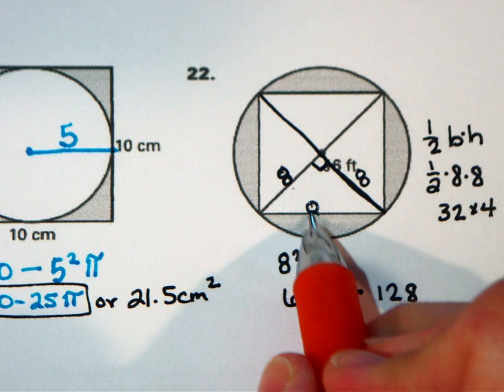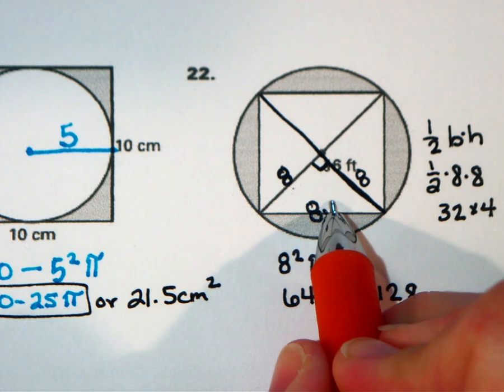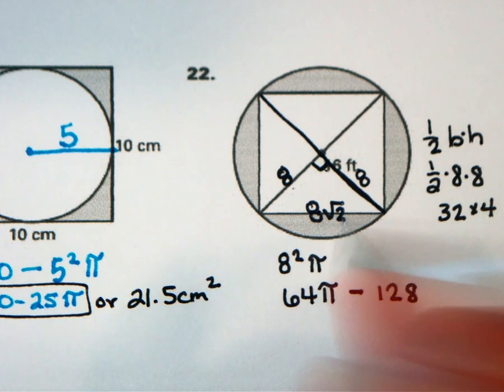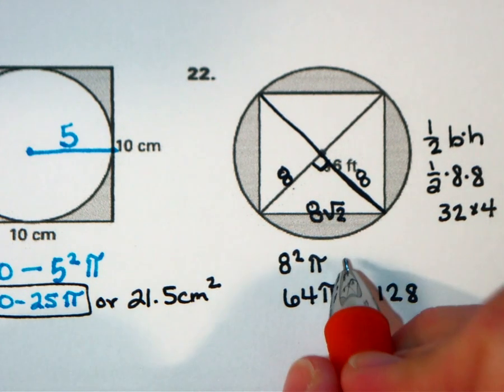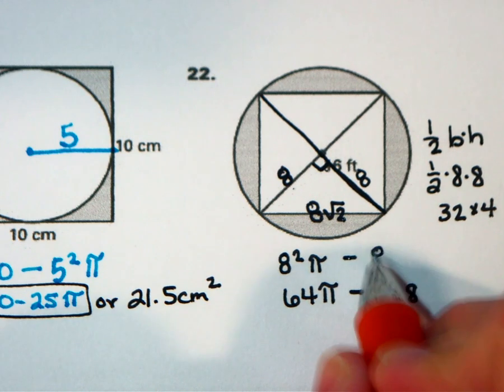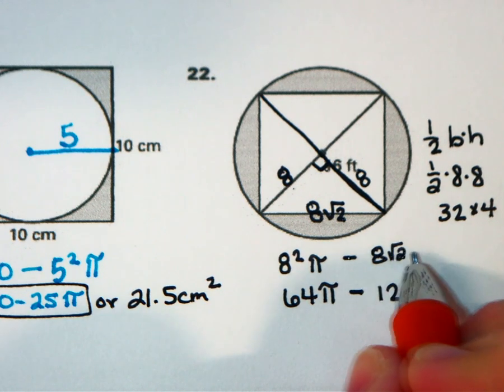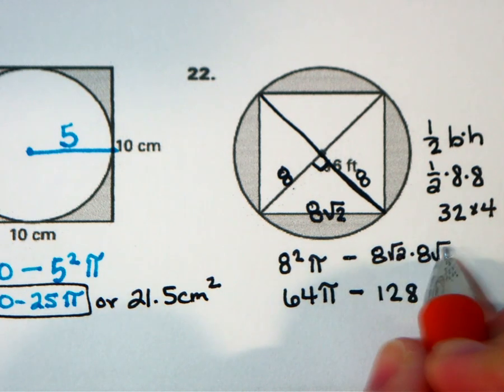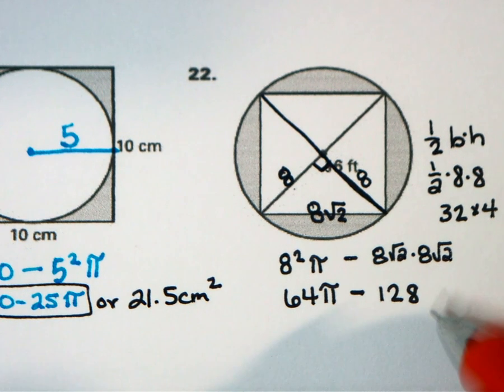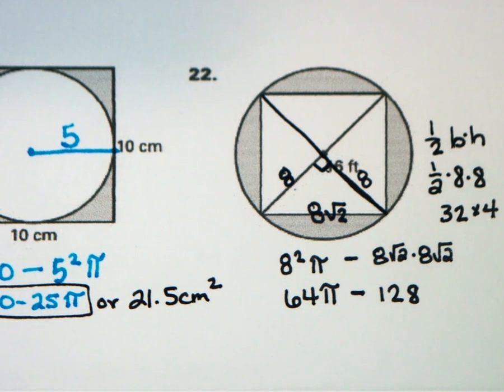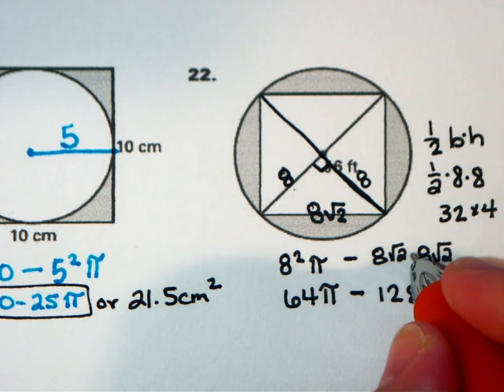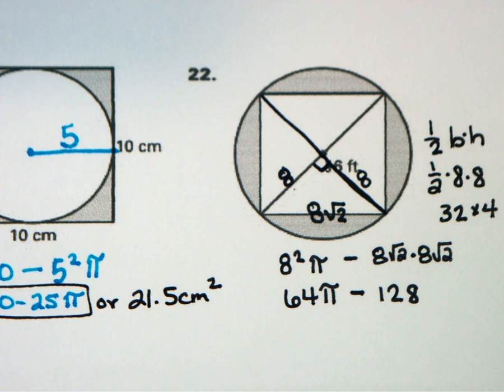So another option would be to find out that the side length of the square is 8 radical 2. So the area of that square is 8 radical 2 times 8 radical 2, which would be 128. Okay, so that's another way to do it. There's a third way, but that's not a formula that is typically covered here. So we'll leave that one aside for now.